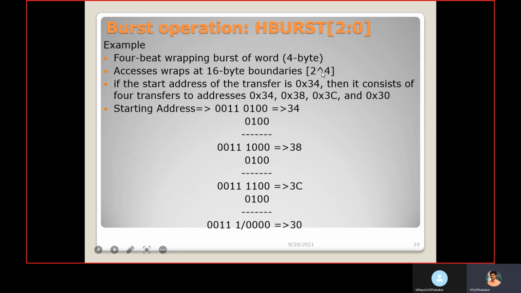Here we have 2 power 4, so the acceptable bit position or size is 4. So we need to neglect this one.